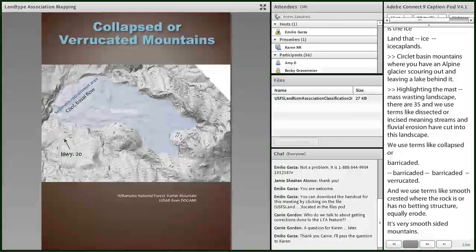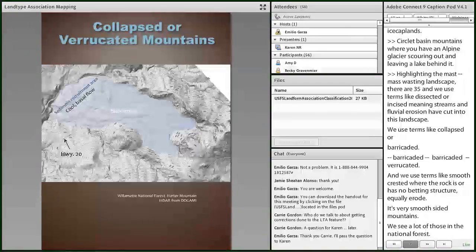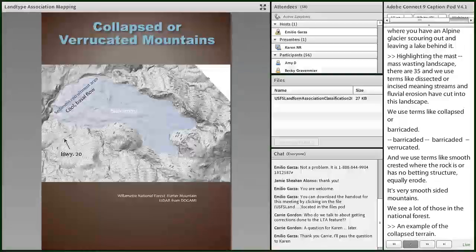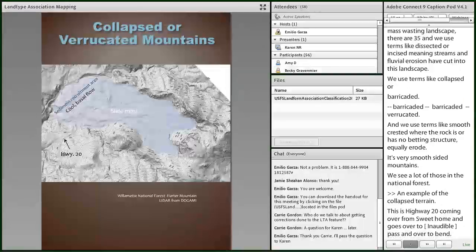This is Highway 20 coming over, comes up from Sweet Home and goes over to Tombstone Pass and ultimately to Bend. And this is where the road just kind of roller coasters and slides along. This is mapped as one of those variegated mountainsides. This is what we were calling it. I don't want to use the term hummocky because hummocky has the connotations of meaning active landslides.